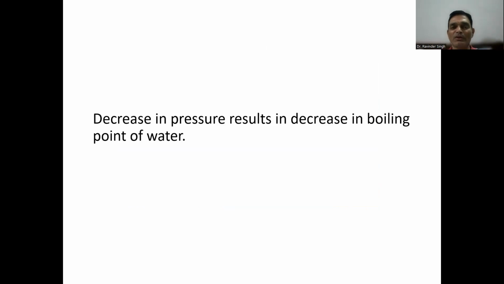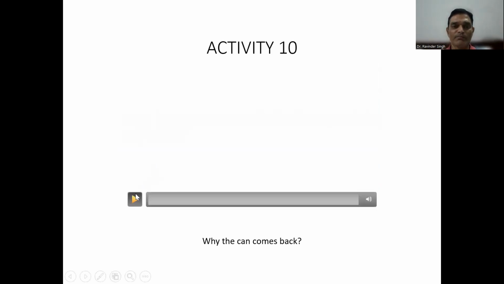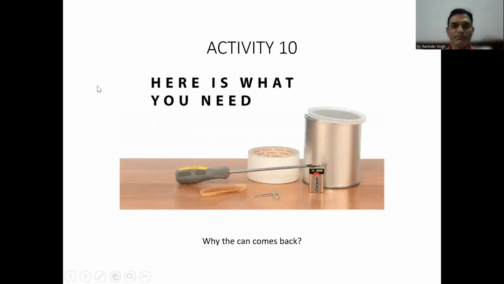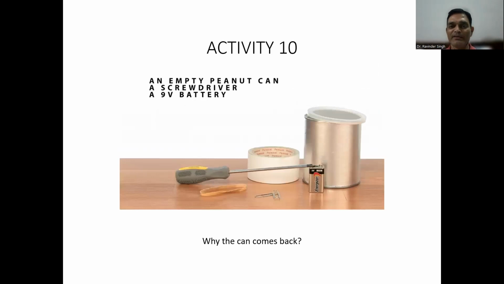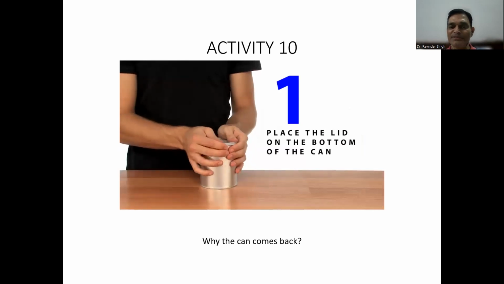Decrease in the pressure results in the decrease in the boiling point of the water, so the water boils. Why does the can come back? See the activity and tell why the can comes back.